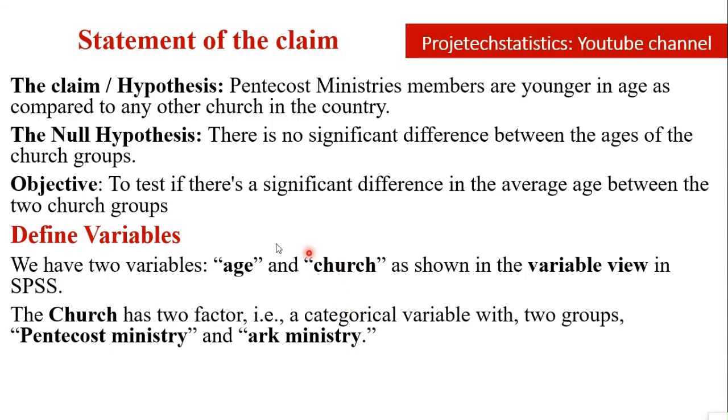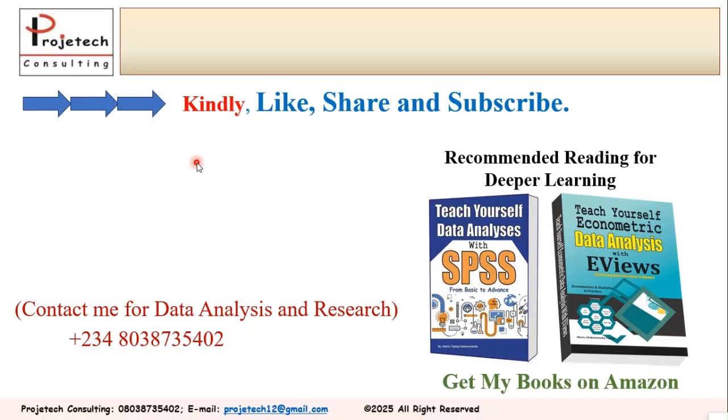So as you can see, we are going to reject the null hypothesis that says that there is no significant difference between the ages of church groups, and accept the fact that the Pentecost ministry members are younger in age as compared to the ARC ministry members.